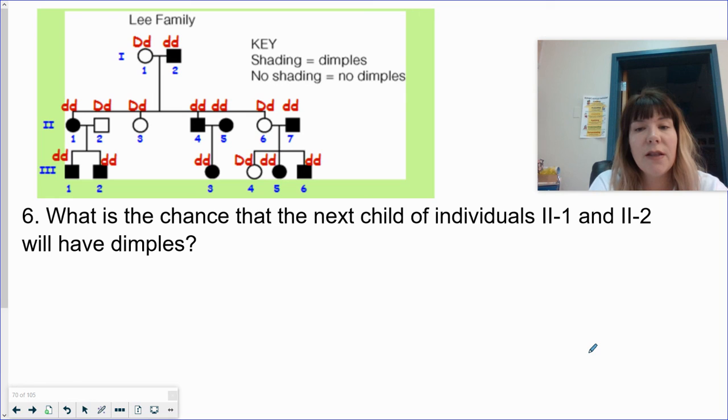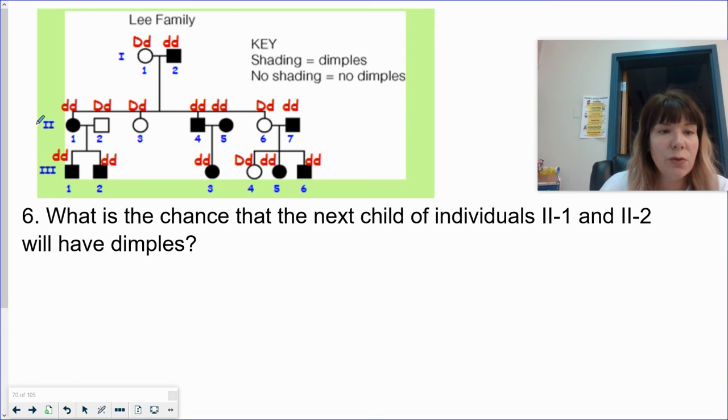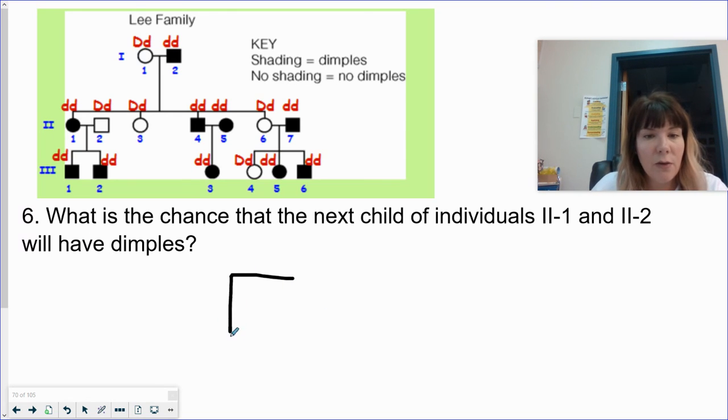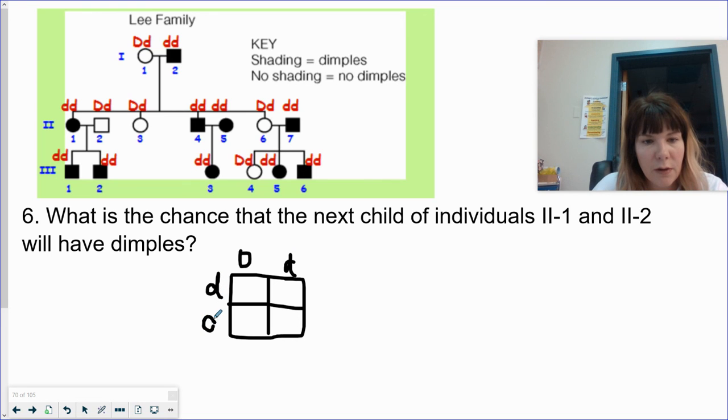So what is the chance that the next child of individuals 2-1 and 2-2 will have dimples? So again, this is just a simple Punnett square. I know that if I create a Punnett square, I can put the alleles above. Okay, there we go.